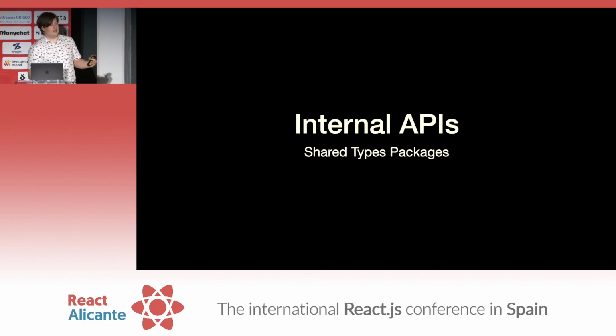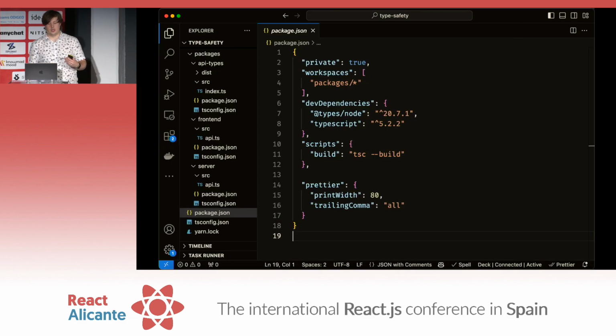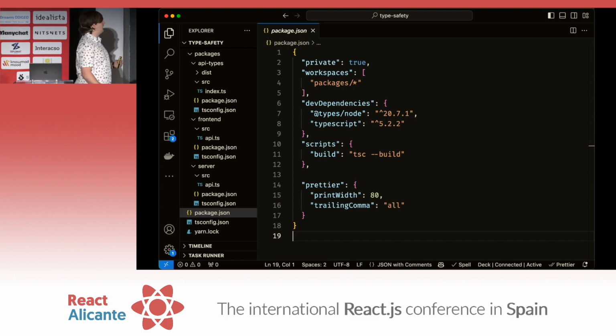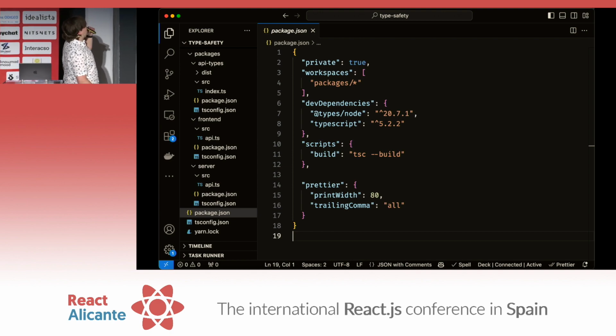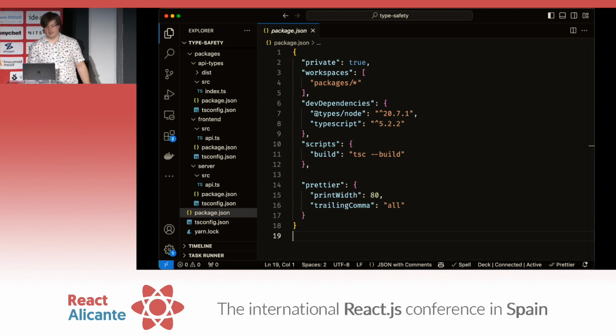Okay, so what if your internal API is not GraphQL, but let's say for now it is in Node.js? Well, the next option is to use a shared types package of some sort. We can use Yarn workspaces to great effect here to share code between our front end and our back end, and have a package for our shared types, a package for our front end, and a package for our back end.